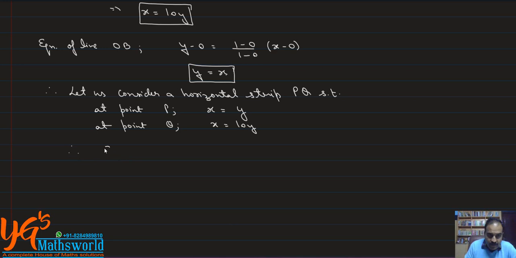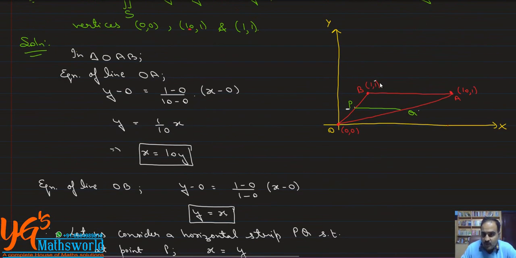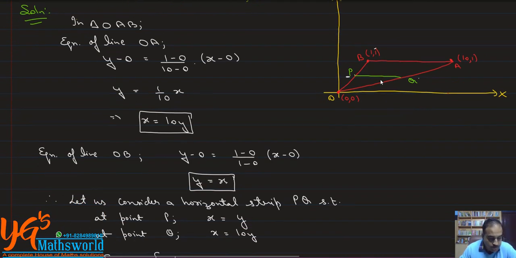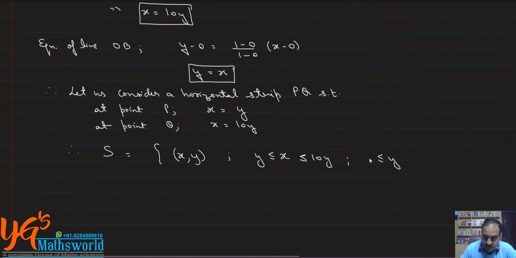Therefore, the surface is in terms of x and y, that is the Cartesian coordinates, and x is varying from y to 10y, whereas y is varying from 0 to 1.